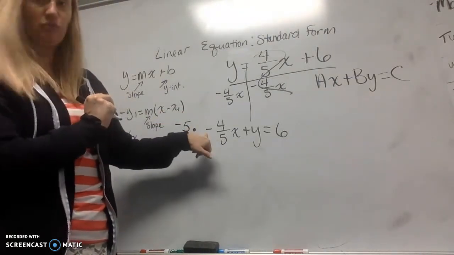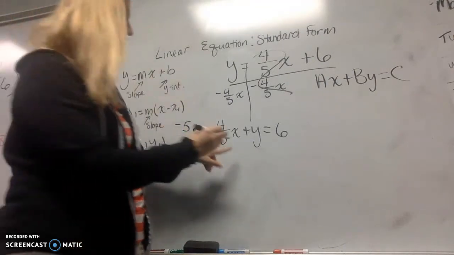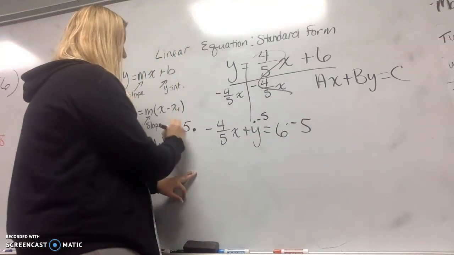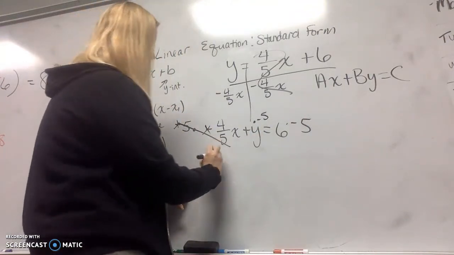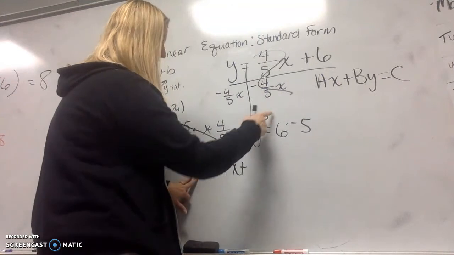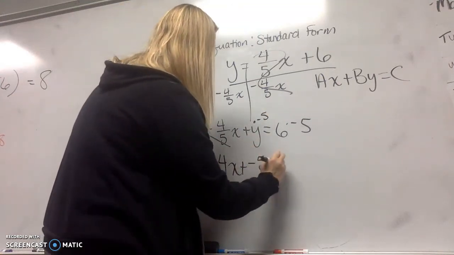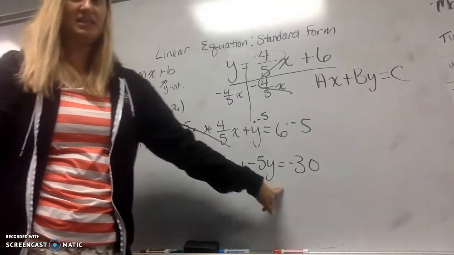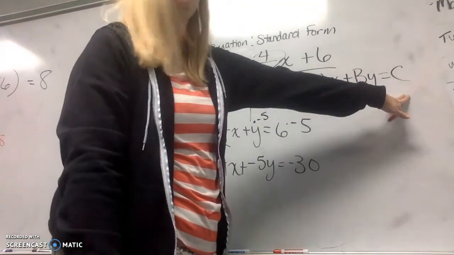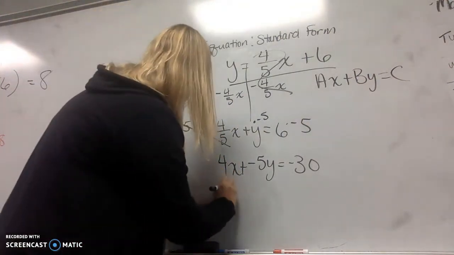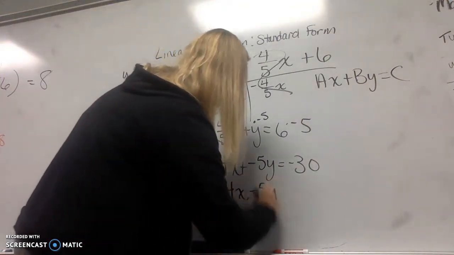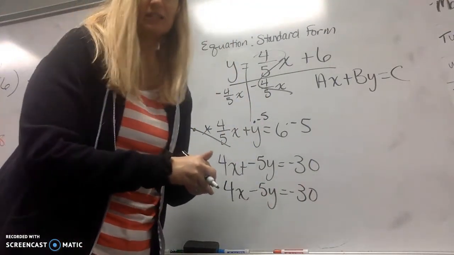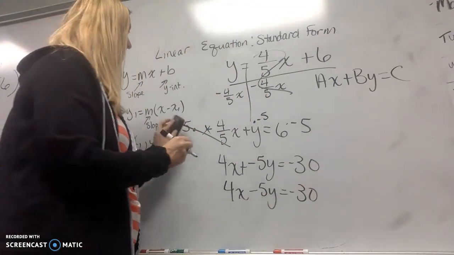Multiplying by a negative gets rid of that negative. Now I have to make sure I multiply everything by -5. So here my negatives will cancel, the 5s will cancel. So I have 4x. This is -5y, and that is -30. So I have 4x plus -5y equals -30. Now I have it in proper standard form. Some people might go one more step and just make it 4x minus 5y. Both are correct. Let's try another one.